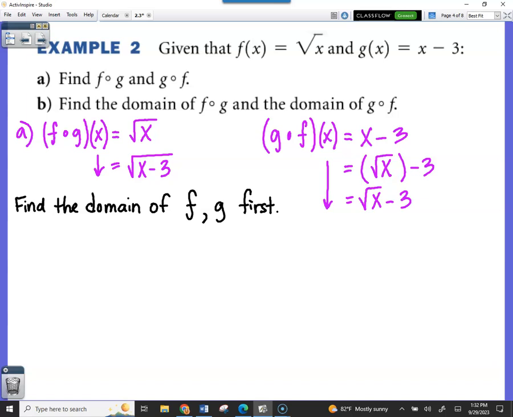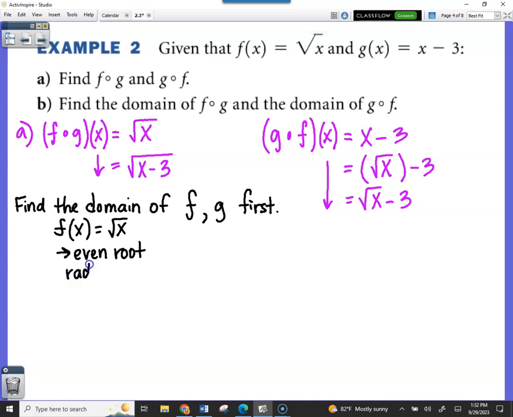So let's look at just function F. Remember, the only thing you have to ask yourself is, do I have a fraction? Do I have an even root? Those are the ones that are tricky. Function F is the square root of x. That's an even root, so your mind should say, we can't take the square root of negatives, so what is allowed?